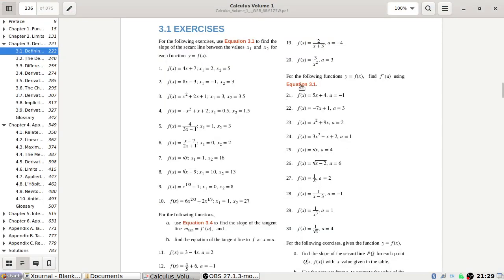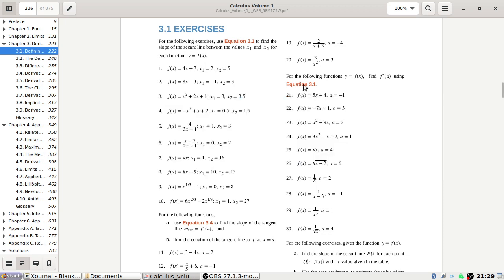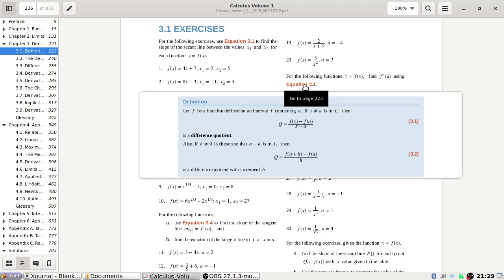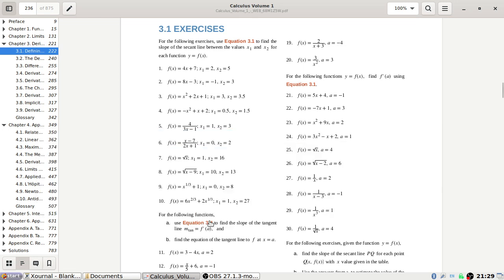I'm very perplexed by question 21 because it says to use equation 3.1 to calculate the slope of the tangent, the derivative, but equation 3.1 is for the slope of the secant. You need the limit as h goes to 0 to make it a tangent, like equation 3.4.